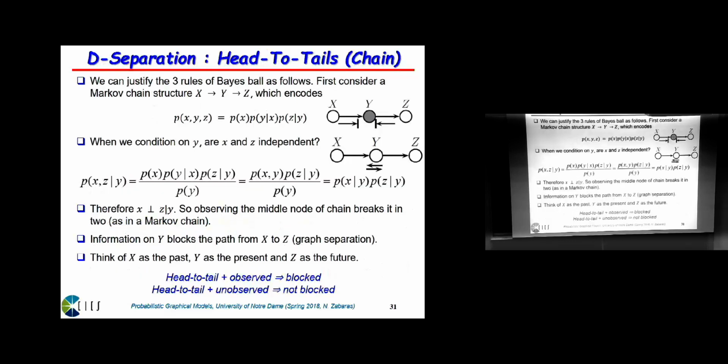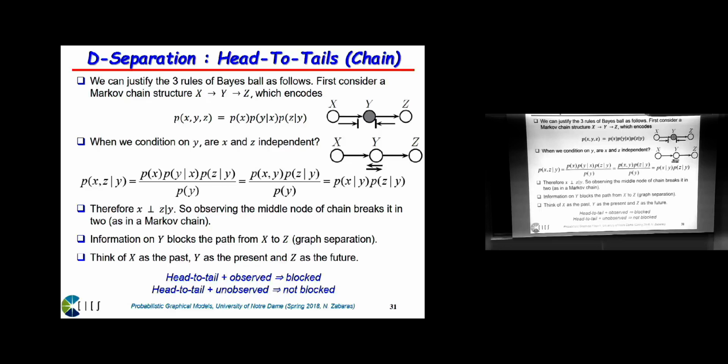All right, so let's try to prove this and see that this is not just rules, but somehow they do make sense. Let's start with the most trivial case. I'm writing my distribution P of x, y, and z as P of x, P of y given x, P of z given y. Now we condition on y.